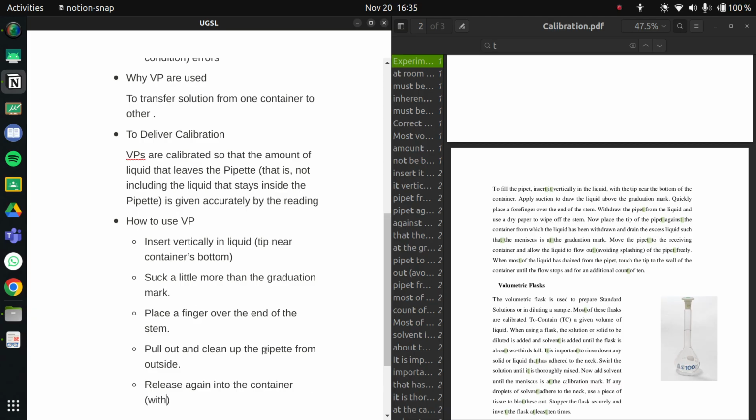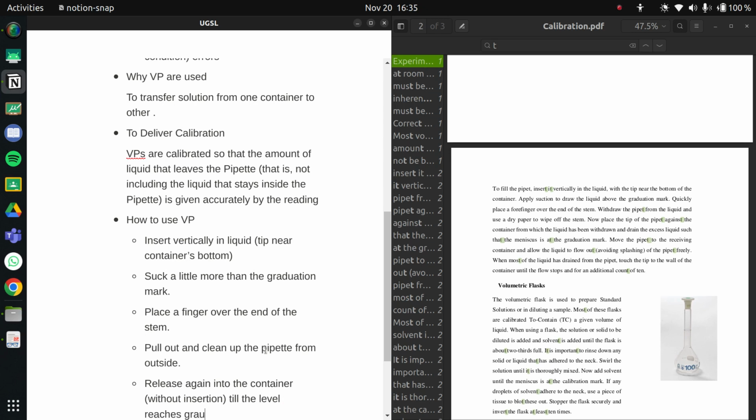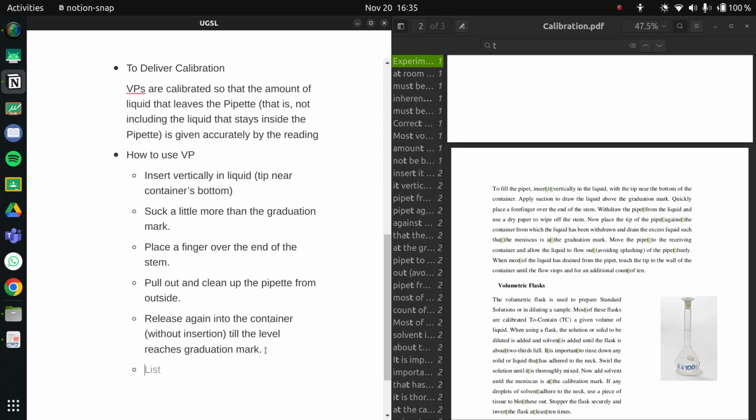Like without insertion, right? Till the graduation mark is okay, till the level reaches the graduation mark. Okay, cool.